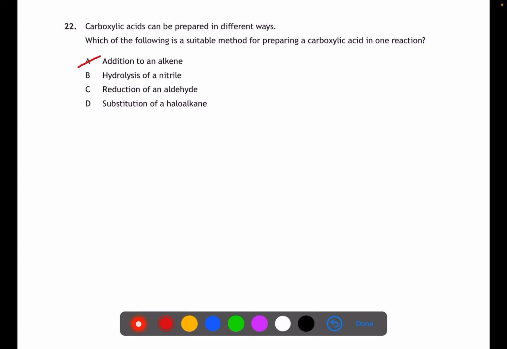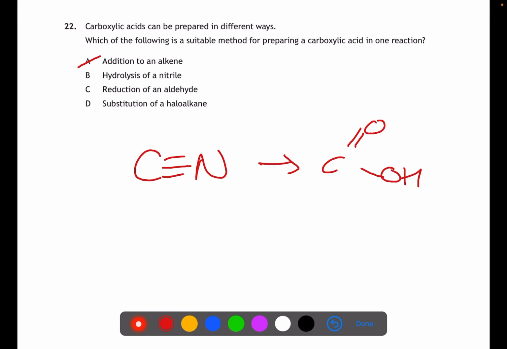So that would be a two-step reaction. Hydrolysis of a nitrile, which is C triple bond N, will produce a carboxylic acid group. Reduction of an aldehyde would take you back to an alcohol, which would require oxidation, and substitution of a haloalkane would also require a second step to take you to carboxylic acid. Therefore, B is the answer.